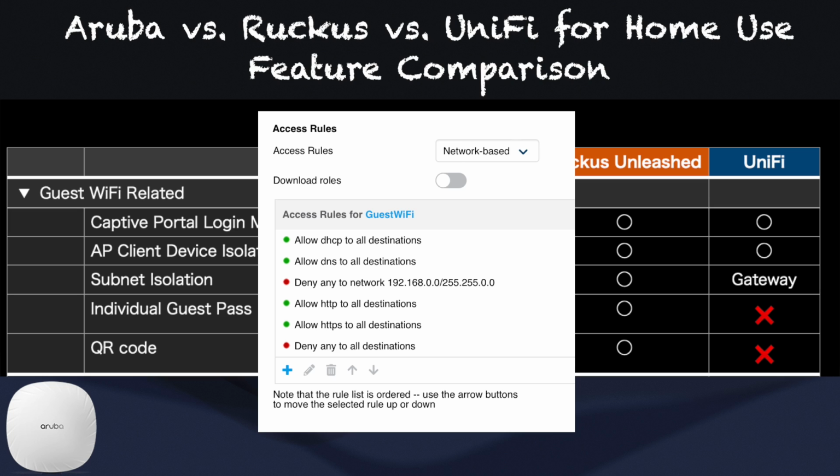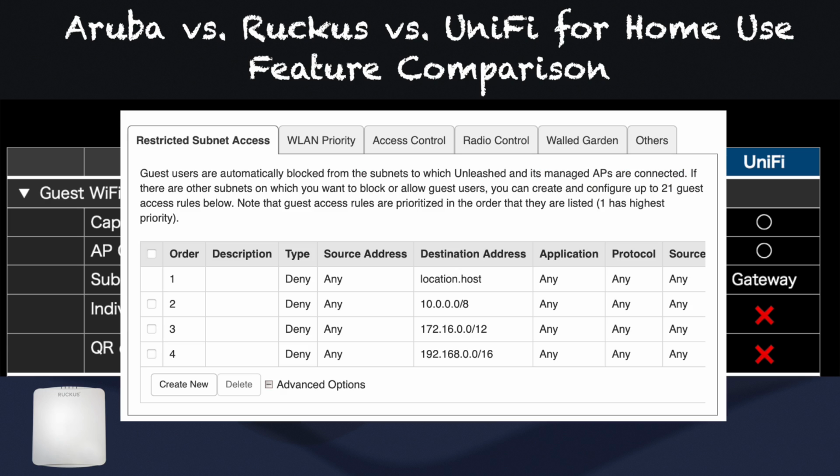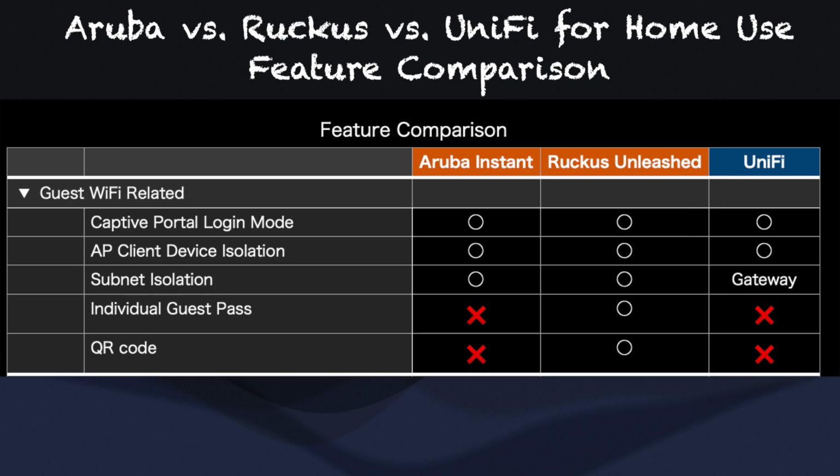In fact, I had to spend a couple of hours figuring out how to do this exactly because I didn't initially think of adding DHCP or DNS exception entries. In contrast, the screen shown for Ruckus Unleashed is its default setting when guest Wi-Fi is selected. Basically, Ruckus Unleashed had default complete client isolation when guest Wi-Fi mode was selected.